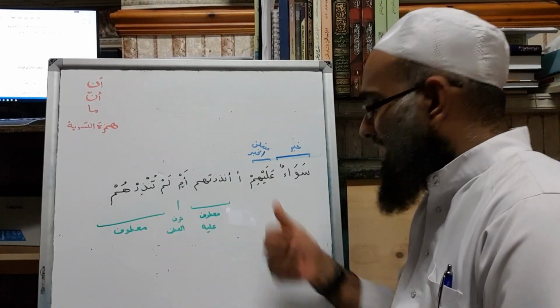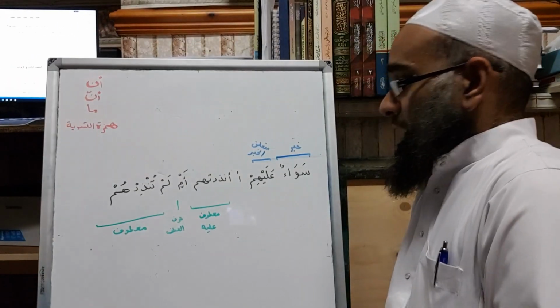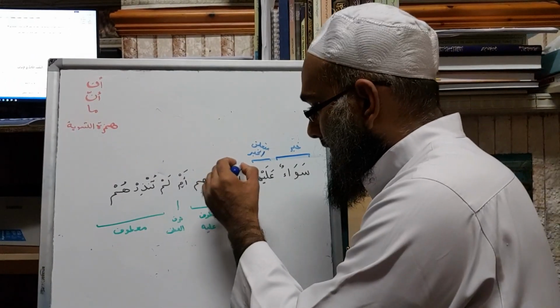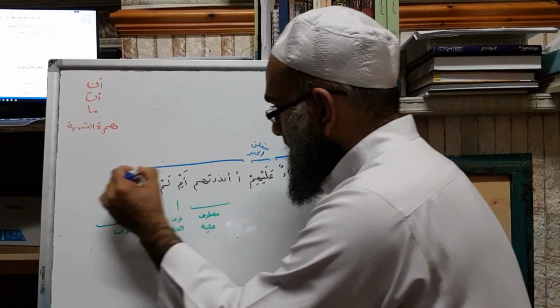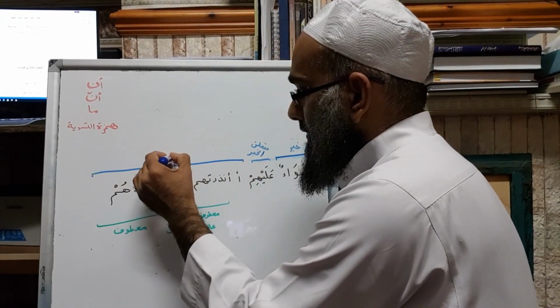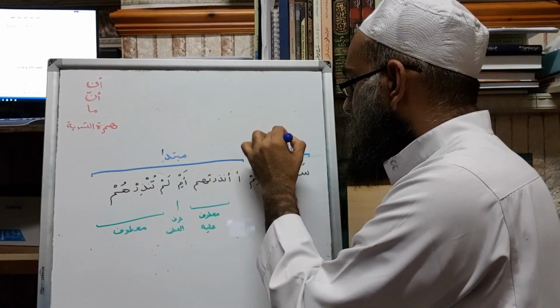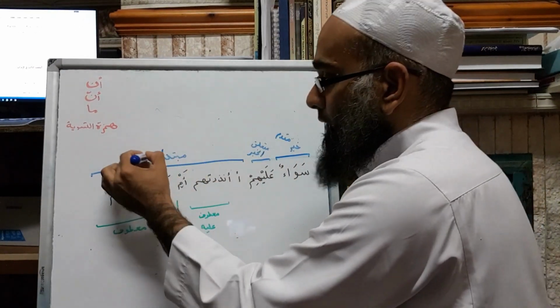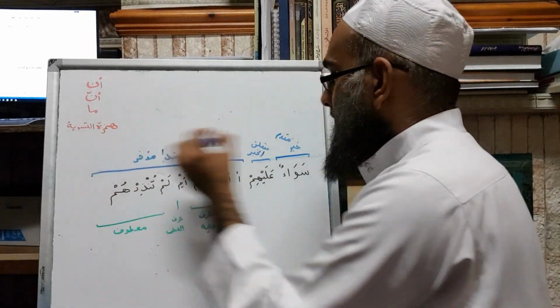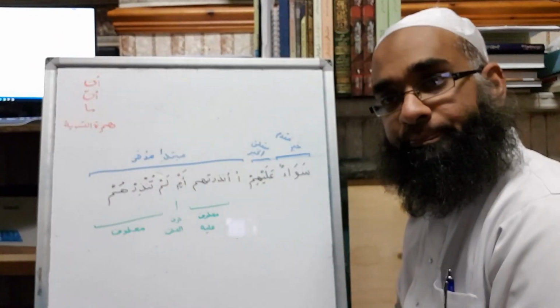Okay. Right? Muta'alliq of sawa. That's master. Now this in theory is mubtada mu'akhar. Correct? So this becomes خبر مقدم and مبتدا مؤخر. The fronted خبر and the delayed مبتدا.